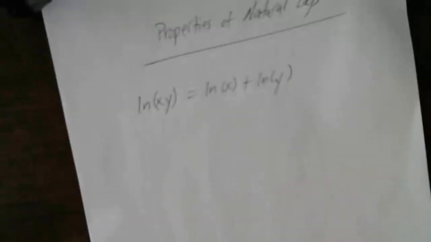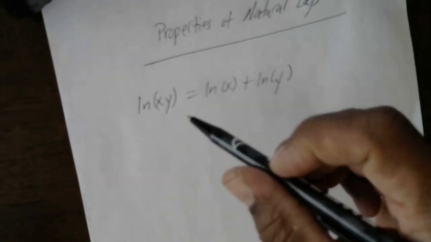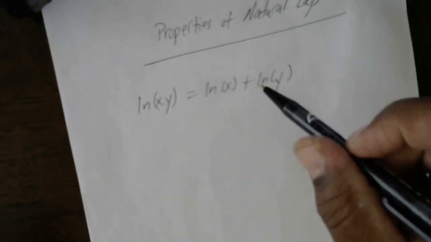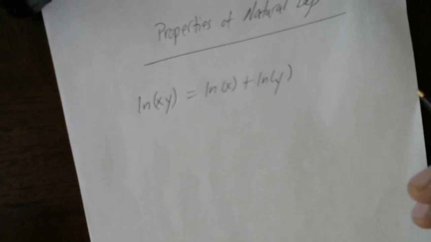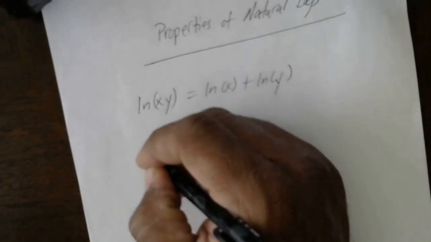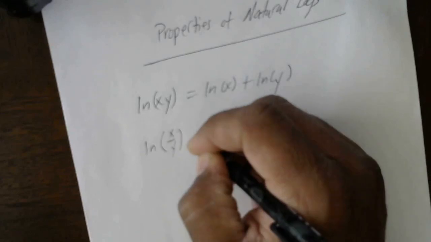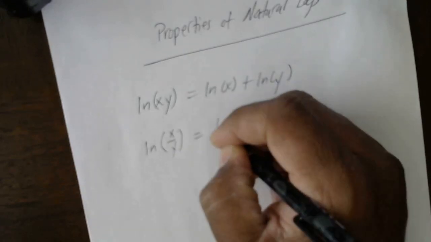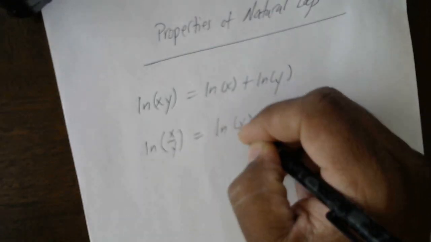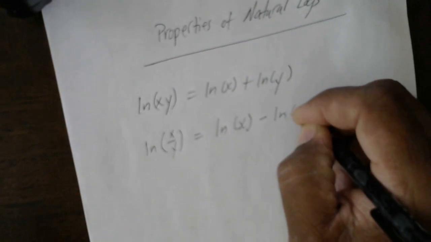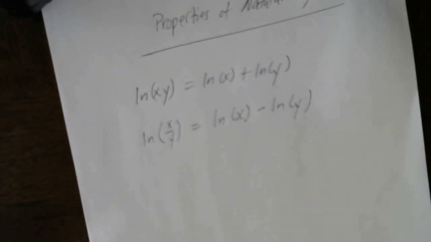So this is the product rule. You can write a product as a sum, and you can write a sum as a product. The natural log of x divided by y is ln x minus ln y. So it's just the same as when we're dealing with logarithms.